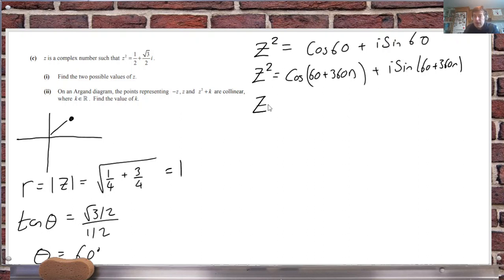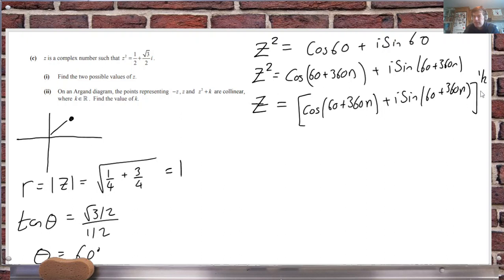You can put the power of a half on both sides, so you get z equals cos(60 plus 360n) plus i sine(60 plus 360n), to the power of a half. And De Moivre's theorem says that powers multiply the angle, so that goes over a half then. So the two answers: first you put in n is 0 and then you put in n is 1.